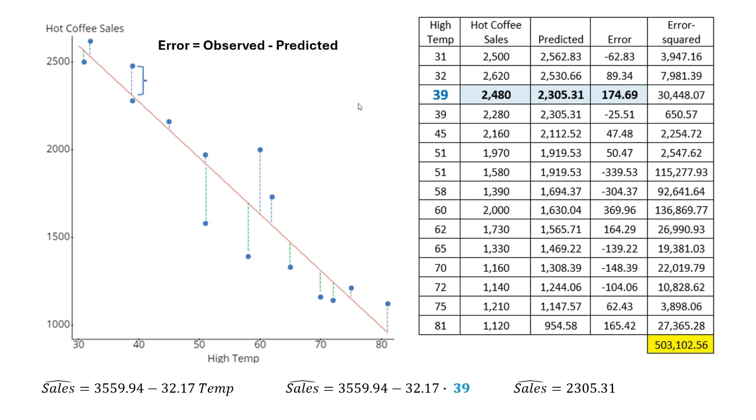So we're going to create something called error. Clearly, this pink line here can't touch all the dots. It's trying to get as close as possible to all of them simultaneously, which is a hard thing to do. So it's figured out the best way to do that, where we can minimize the distance from the dot to the linear model.